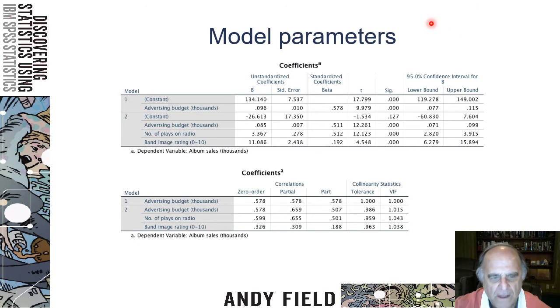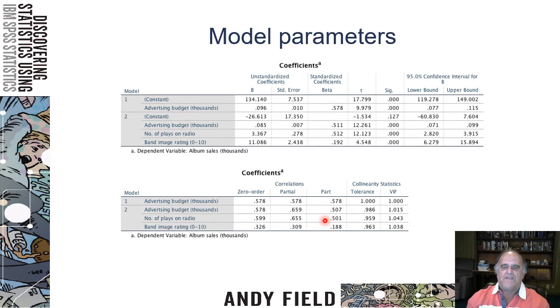Okay, then we get our coefficients. These are used for detecting, again, issues or problems. So we have our 0 order correlations here, 0 order with the dependent variable of album sales. We have then our partial and semi-partial correlations.